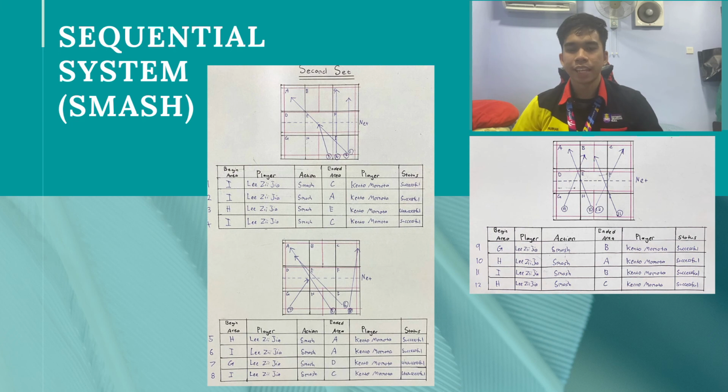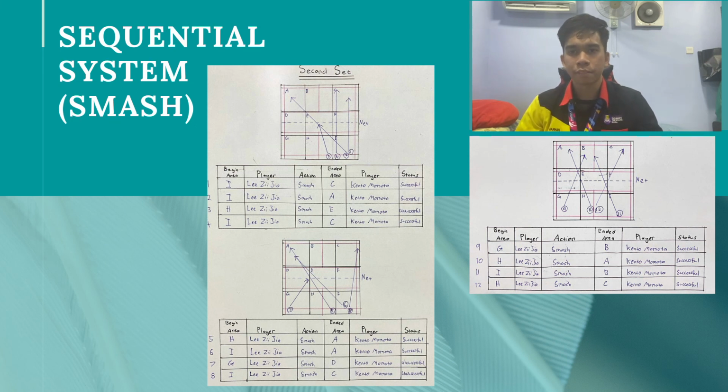For the second set, there are 9 successful smashes and 3 unsuccessful smashes. Combined with the first set, which is 9 and 6, that equals 15 total smashes. Inside the second set, we can see the unsuccessful smashes are due to the shuttlecock hitting the net also, and hitting the outside line of the right side court.